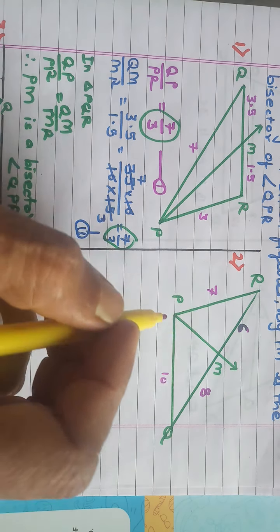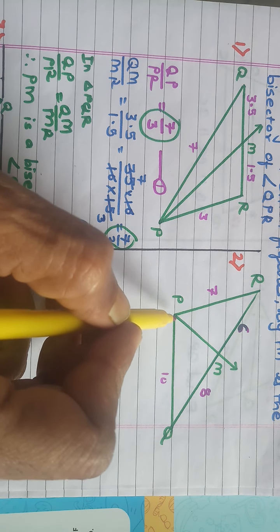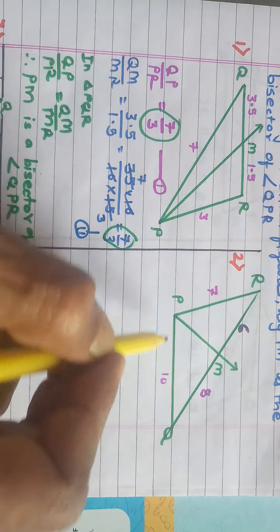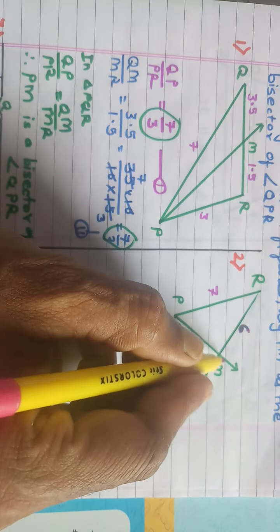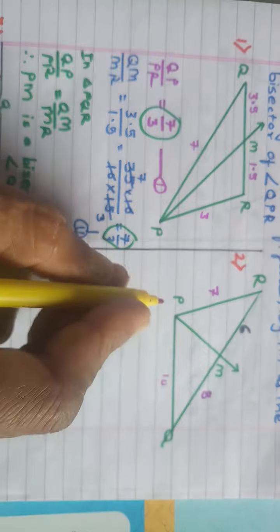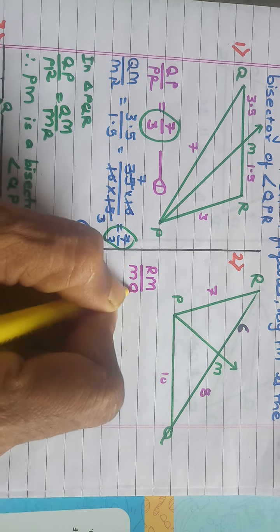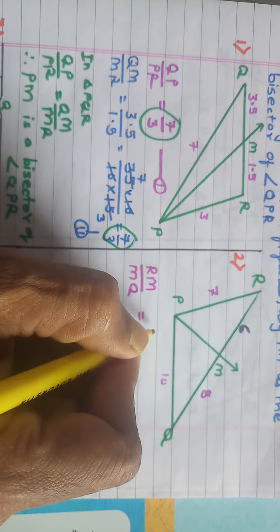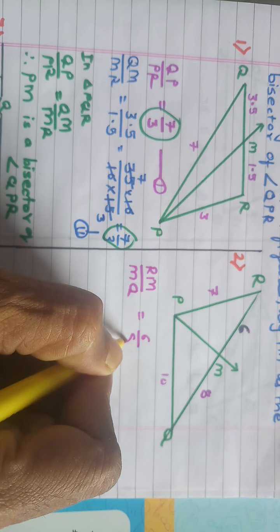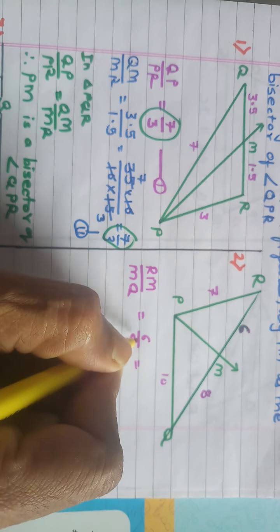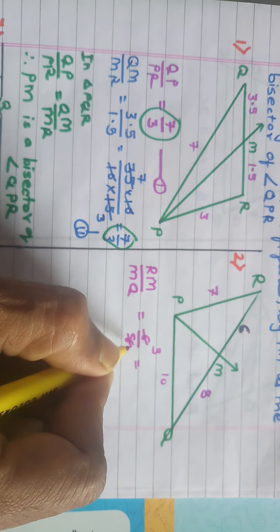So once again, we have to check whether PM is a bisector of angle QPR or not. Once again, find the ratio of RM to MQ. RM to MQ is equal to, RM is 6, MQ is 8. So here 3 2s are 6, 4 2s are 8.